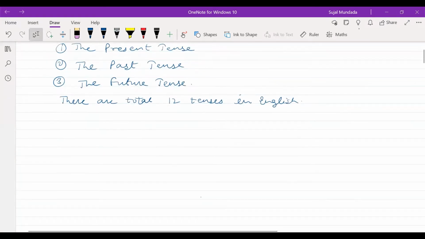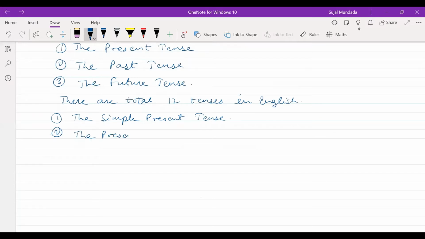Let's now try to make a list of these tenses. Now the first one, we will go for four types of present tense. The simple present tense. Second one is the present continuous or progressive tense.